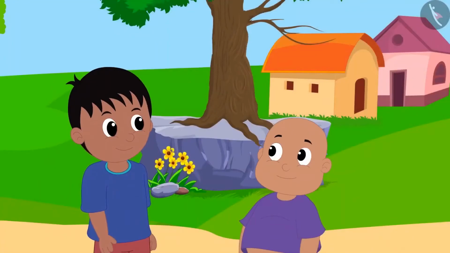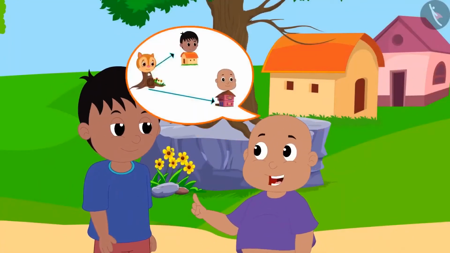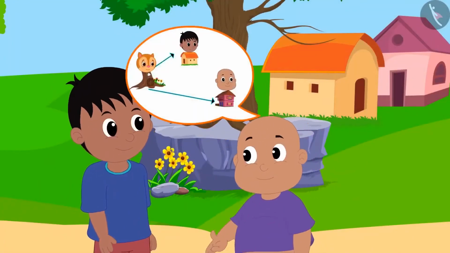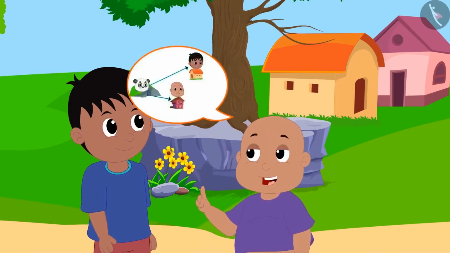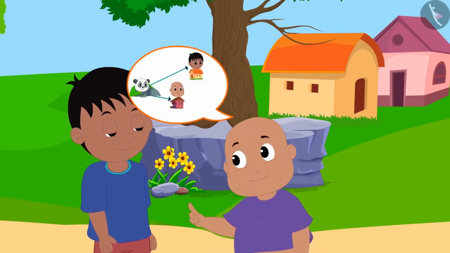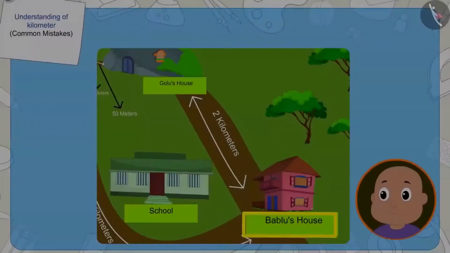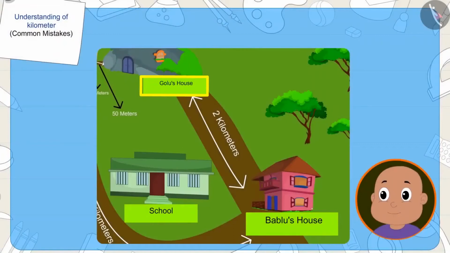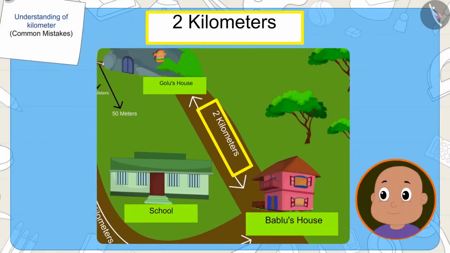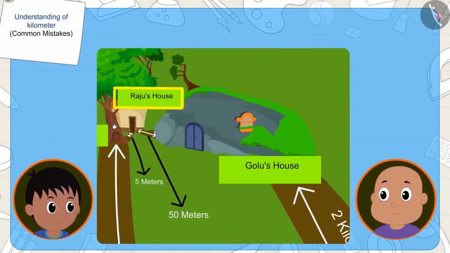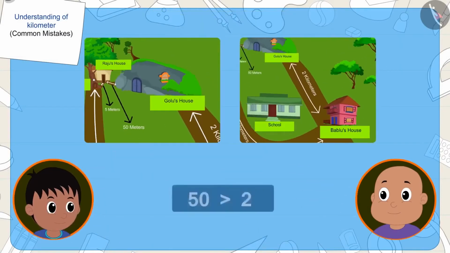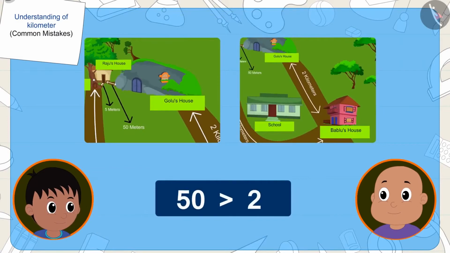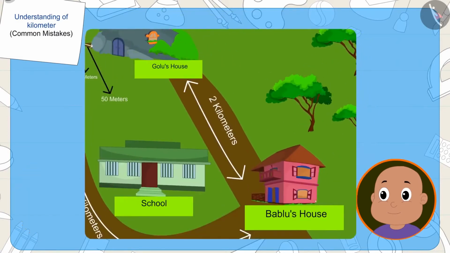Now Bablu told Raju, even though his house is farther from Chanda's house, it is definitely closer to Golu's house. His house is 2 kilometers away from Golu's house and Raju's house is 50 meters away from Golu's house and 2 is less than 50. Therefore, his house is closer to Golu's house.